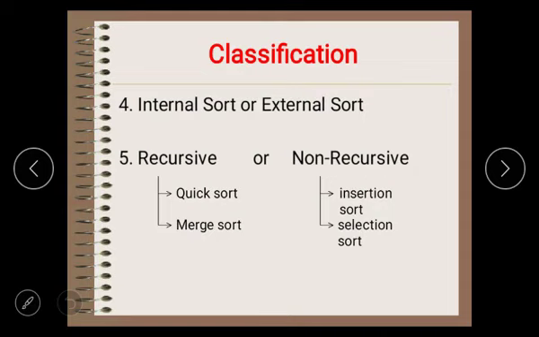So we have 5 classification parameters. The first is time complexity, the second is space complexity, the third is stability, the fourth is internal or external sort, and the fifth and last is recursive or non-recursive. Don't worry, we'll study all these properties in detail as we study the individual algorithms.